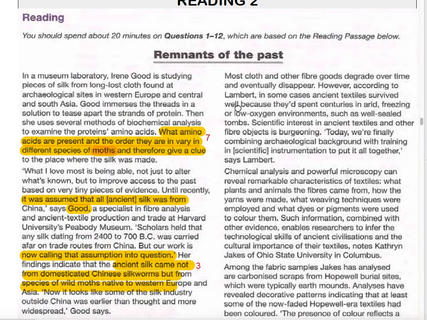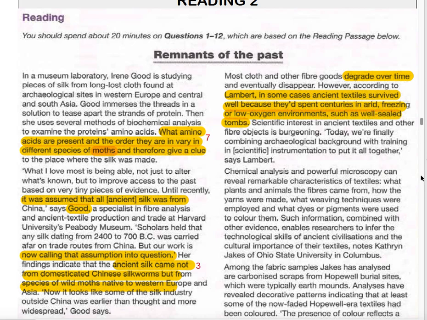Let's read ahead. So it says they degrade over time, so they get older, or they break down, they get destroyed. However, according to Lambert, in some cases, textiles have survived well because they spent centuries in arid, freezing conditions. So, Lambert, some textiles survived freezing.